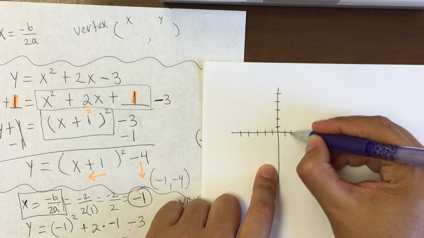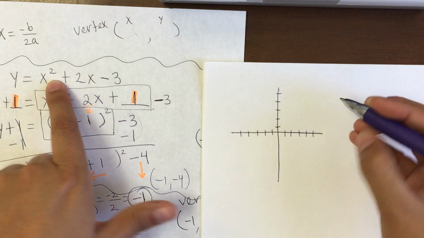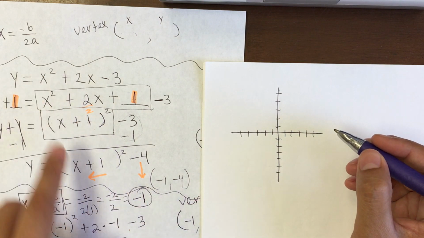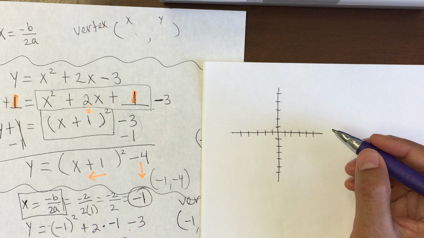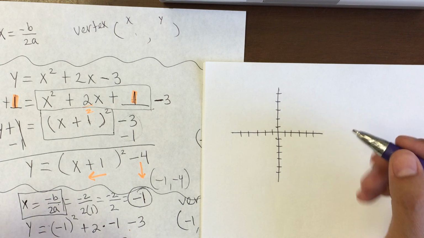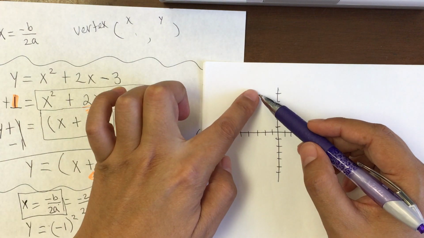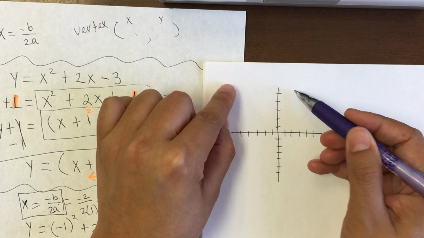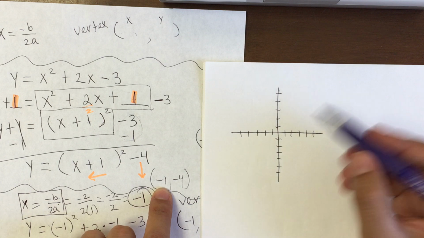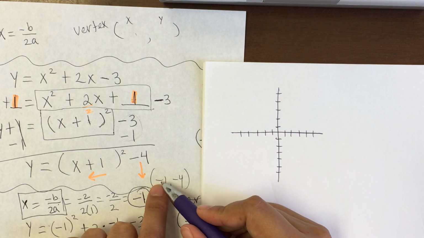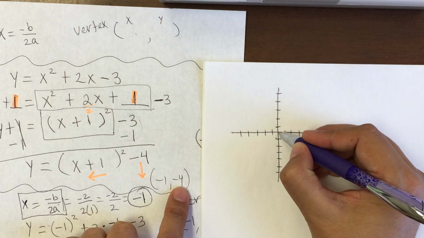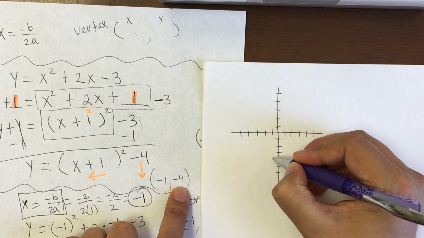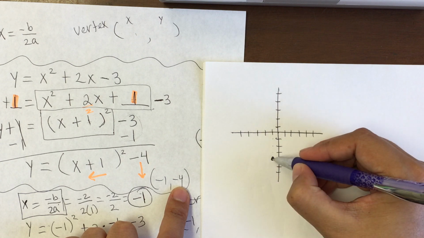The vertex is the lowest or highest point, so that's where either my little mountain starts or my little valley opens up from. So my vertex is -1, -4.